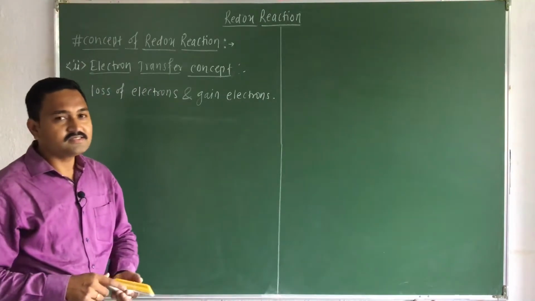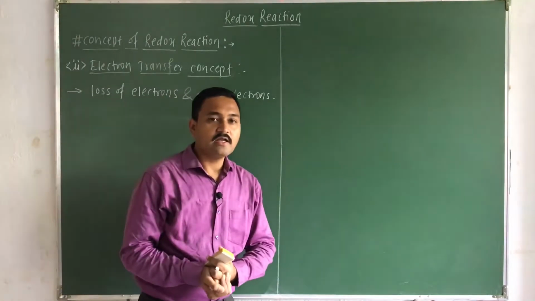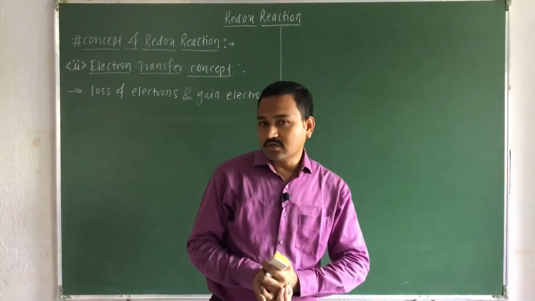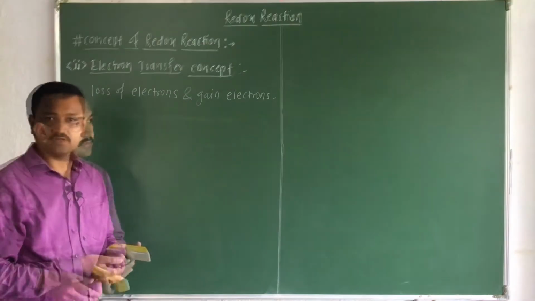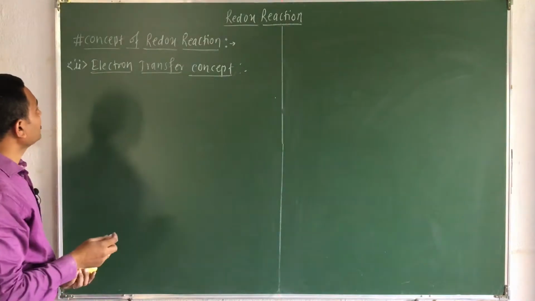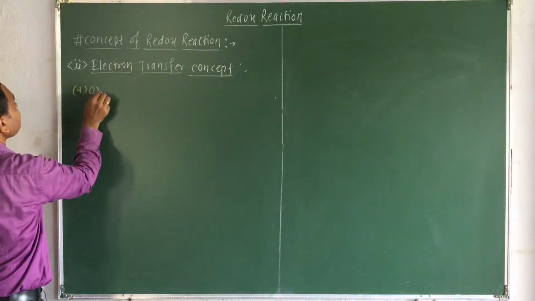Now let us define the oxidation, reduction, and redox reaction, and here we will introduce two new terms, that is oxidizing agent and reducing agent. Let us define the oxidation reaction.